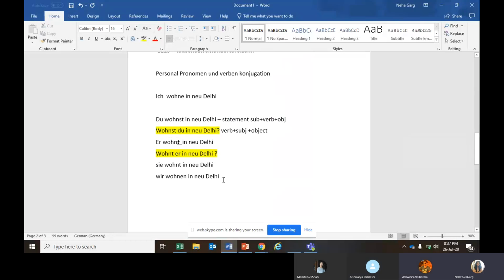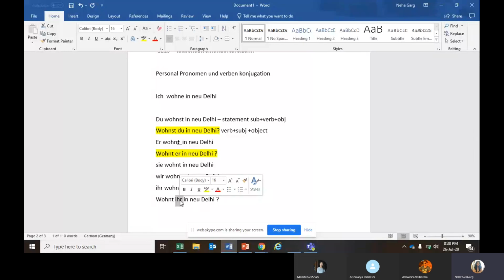Now, let's say I have to make a statement about Mithun and Ashwini. I would be saying here, Ihr wohnt in Neu Delhi. Or if I have to ask a question to both of them in an informal way, I would be writing, Wohnt ihr in Neu Delhi? Correct. So here we would be using plural for two people, Mithun and Ashwini, or maybe more than that.